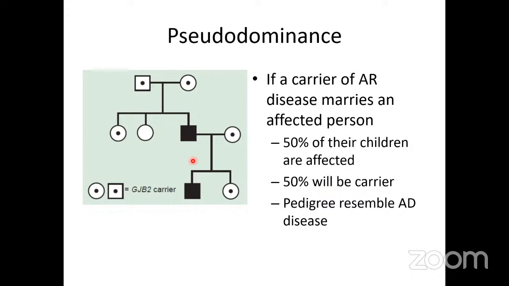So vertical transmission, both male and female are affected. So it behaves like an autosomal dominant disorder, but it is not so, because here this affected person is marrying a carrier. So that is masked. This commonly happens in color blindness, where a colorblind person can marry a colorblind carrier female, or G6PD can happen with that. So these are common scenarios.